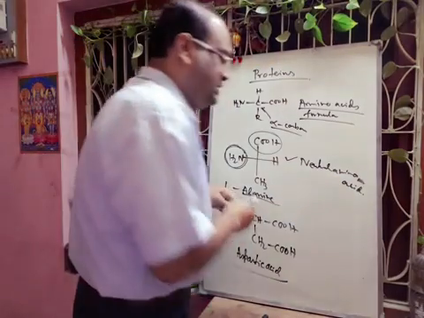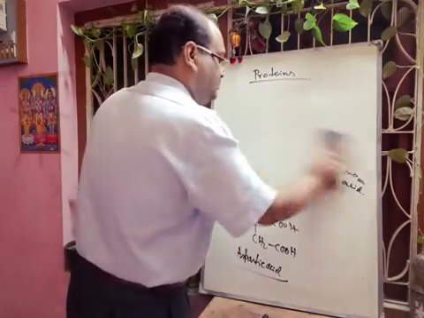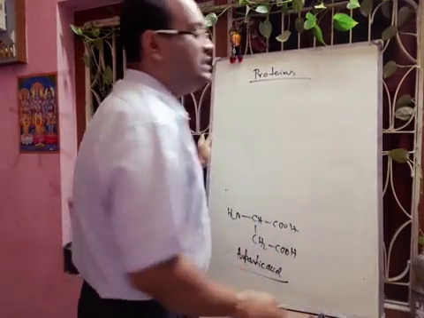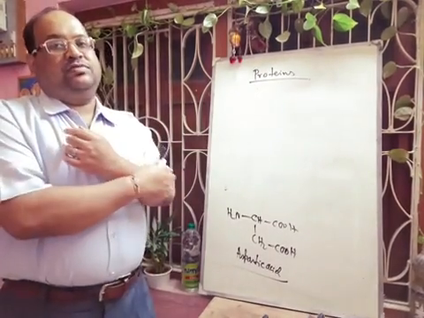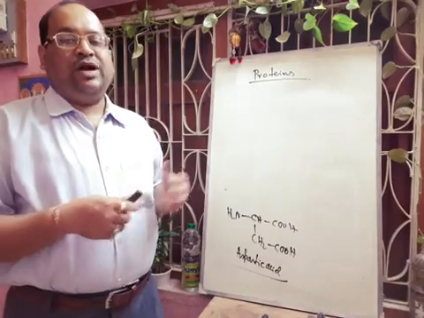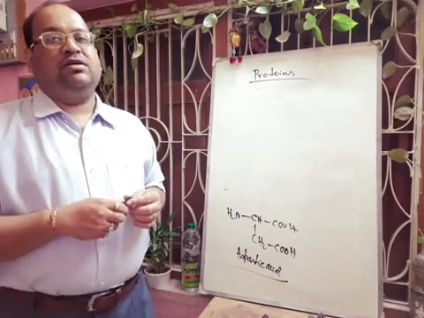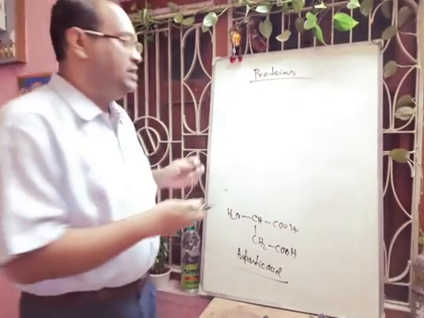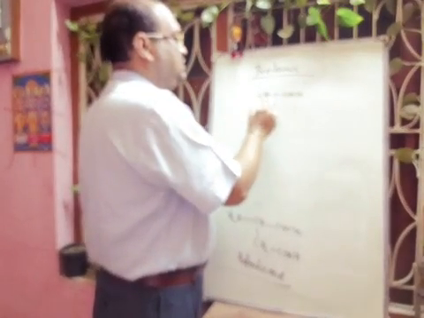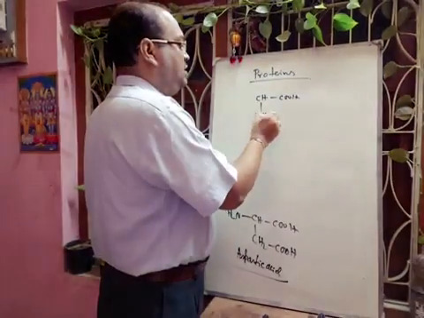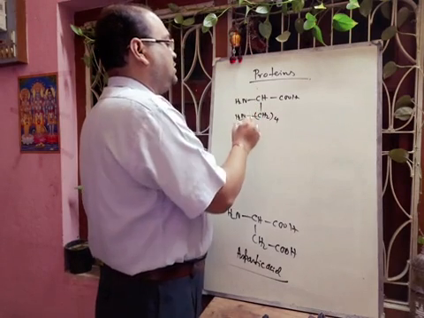Another amino acid is called the basic amino acid. In a basic amino acid, there will be two amino groups and one carboxylic acid group. If I draw the structure, you can understand: CH2(NH2)-(CH2)4-CH(NH2)-COOH.